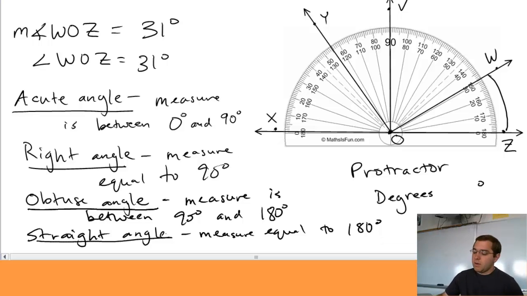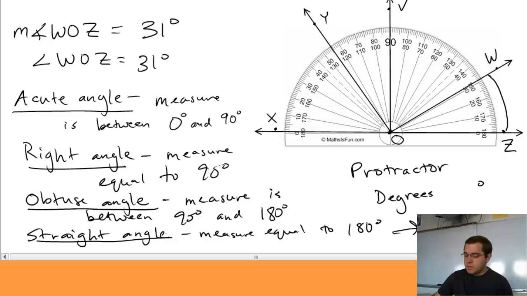So, in our picture here, a straight angle would be angle XOZ. So any line forms a straight angle. Angle WOZ is an acute angle.